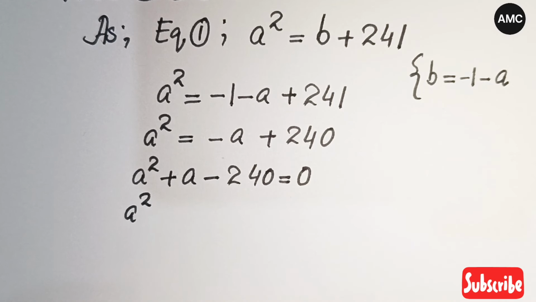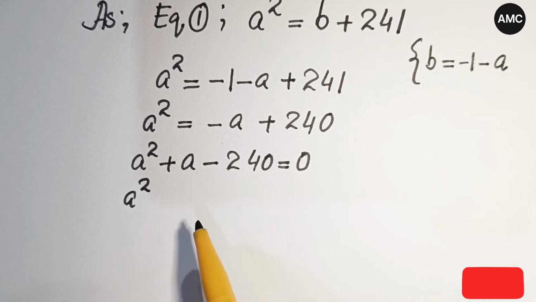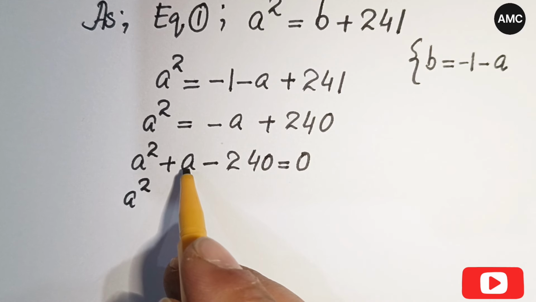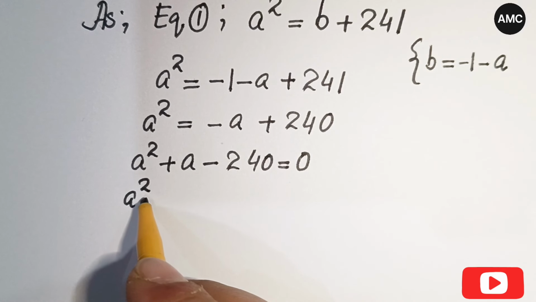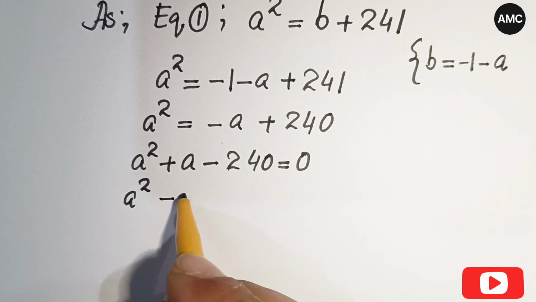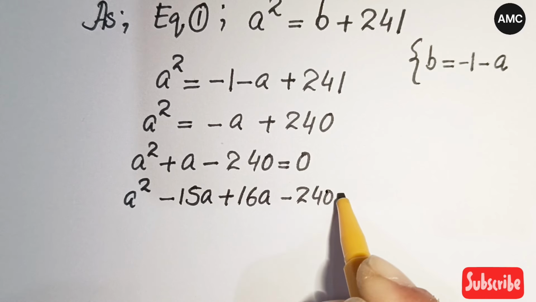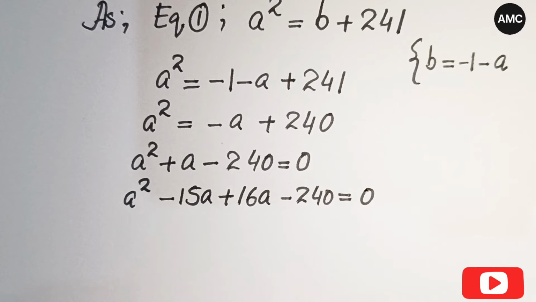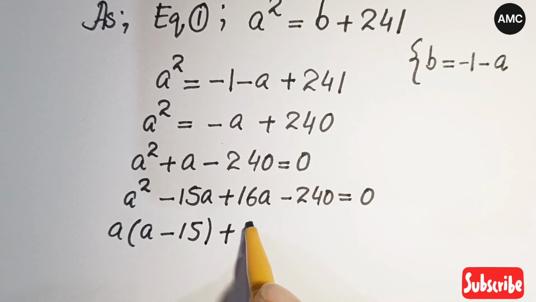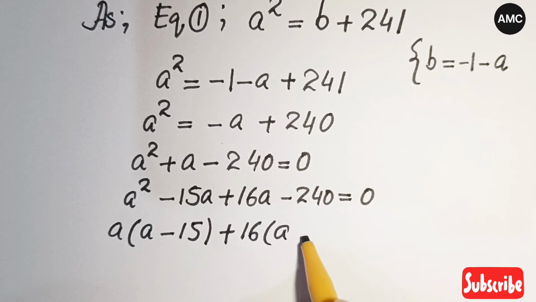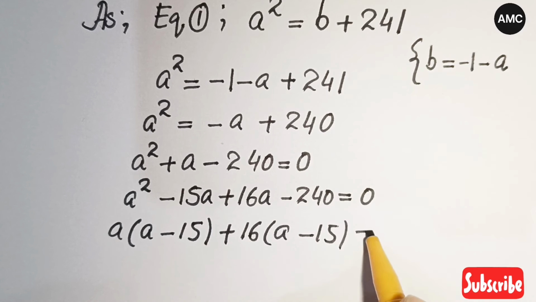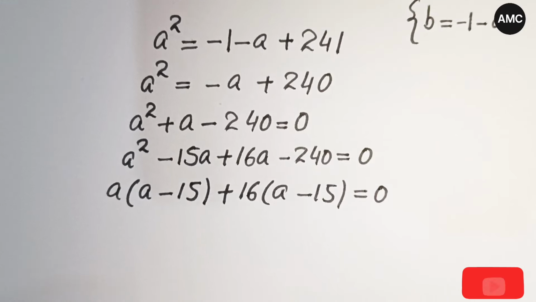So we have to solve this by factorization method, because here this plus a is factorable, that is a squared minus 15a plus 16a minus 240 is equal to 0. So taking a as common, we get a times (a minus 15), and here taking 16 common, we have 16 times (a minus 15), that is equal to 0.